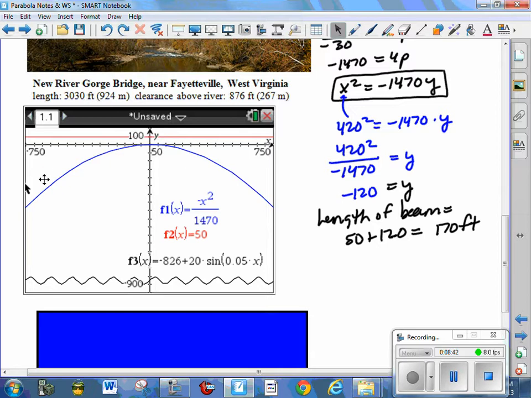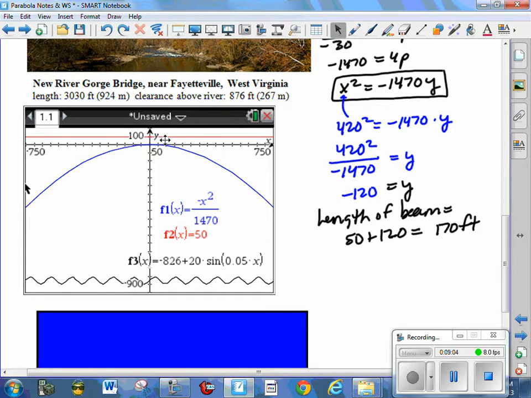And then for funsies, I used the fact that the clearance of the bridge is 876 feet above the water, and so I made a little equation here. Remember that 50, the top of the road. Oh, I probably should have made that 876 feet.